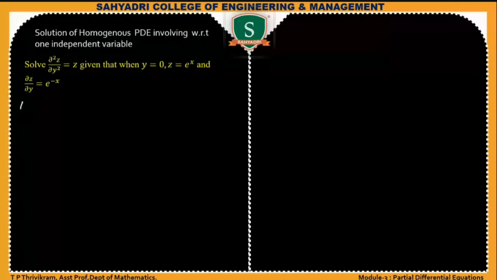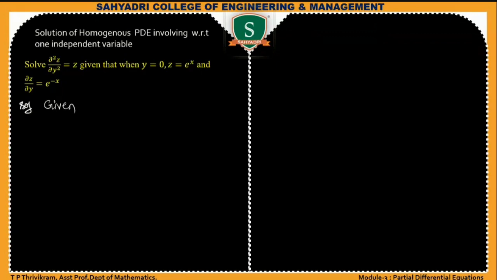Okay. So here, what is given? Dou square z by dou y square is equal to z. These two are independent variables. You can take all the variables to the left-hand side. So dou square z by dou y square minus z is equal to 0.